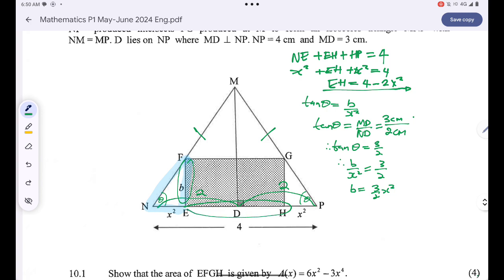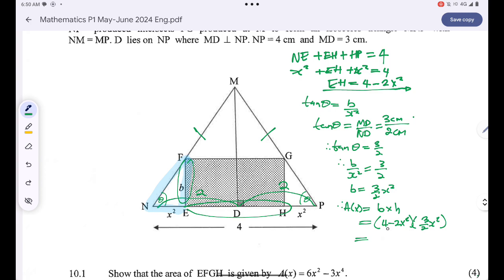I can simply calculate the area of my rectangle. Therefore, the area of the rectangle is basically base multiplied by height. Our base is 4 minus 2x squared. Our perpendicular height is 3 over 2 x squared.